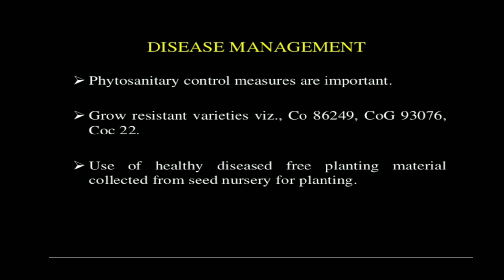If you are using these varieties, then mycoplasma cannot infect such varieties of sugarcane. Use healthy, disease-free planting material collected from the seed nursery for planting. When you are using seeds for plantation, you should select seeds as well as planting material that is healthy, right, when you are multiplying it under the nursery.